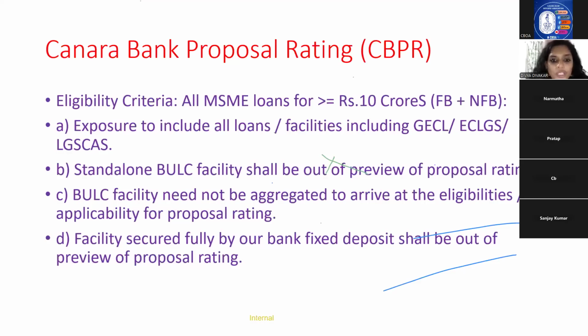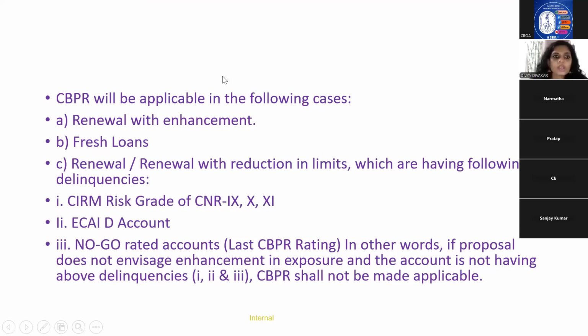Facility secured fully by our fixed deposit also shall be out of the purview of proposal rating. So basically, coming to this CBPR, if it is BULC, we can ignore it. Then if it is based on our bank deposit, we don't have to go for it.